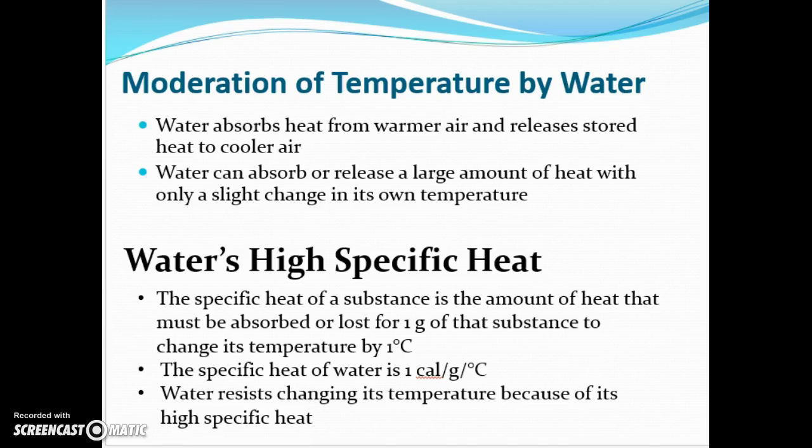Because water can absorb heat from the warmer air and release stored heat to cooler air, it helps to moderate the air temperature by bodies of water. So when water absorbs or releases large amounts of heat, it does that with only a slight change in its own temperature. So again, there is this moderating effect that occurs.